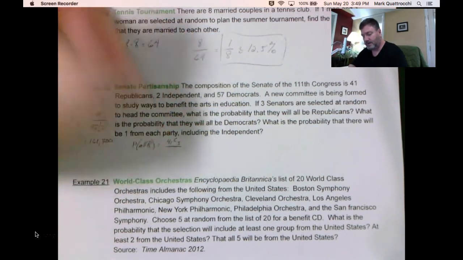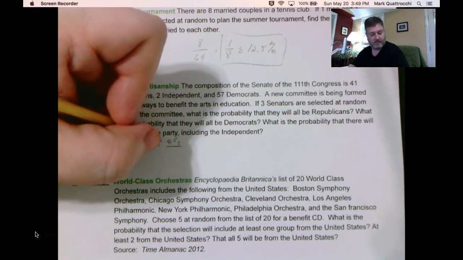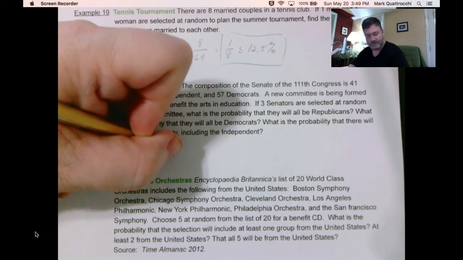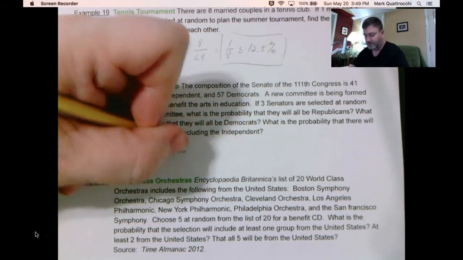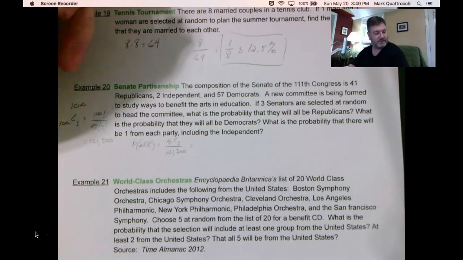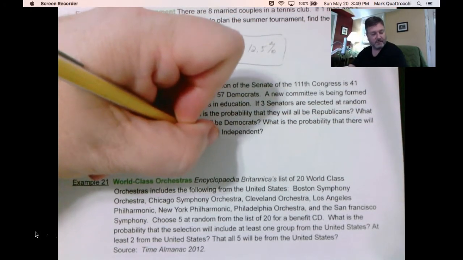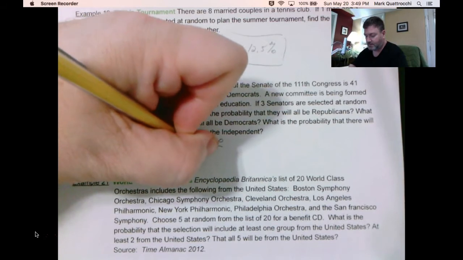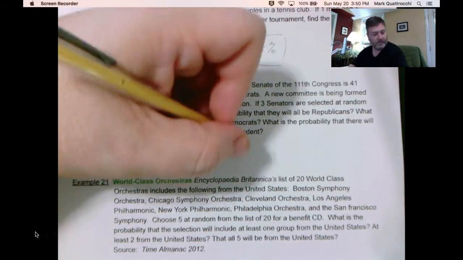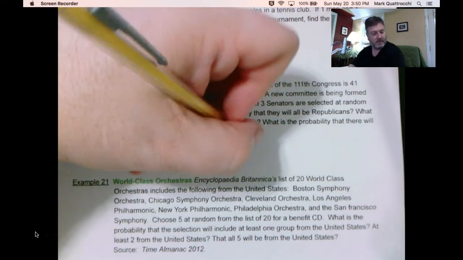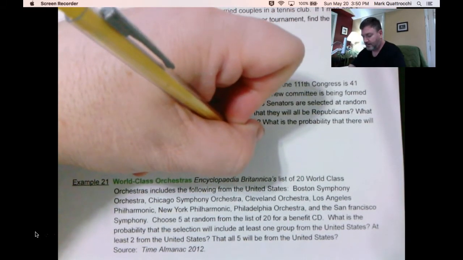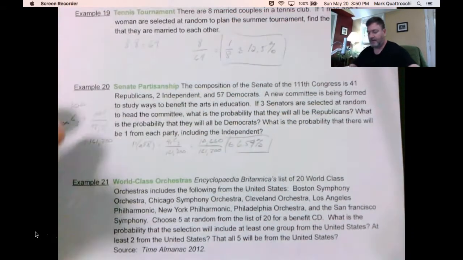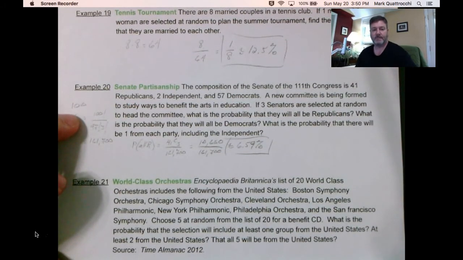We're choosing 3 different ways out of the 161,700 total possibilities, which gives us 10,660 out of the 161,700, or approximately 6.59% chance that all 3 will be Republicans.